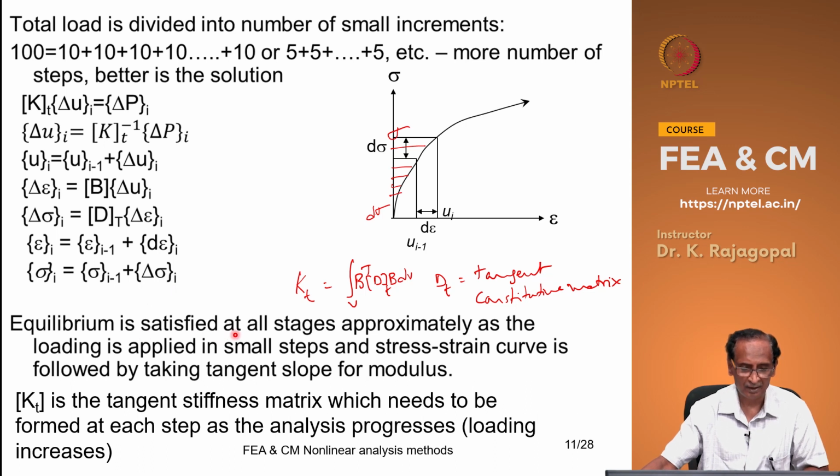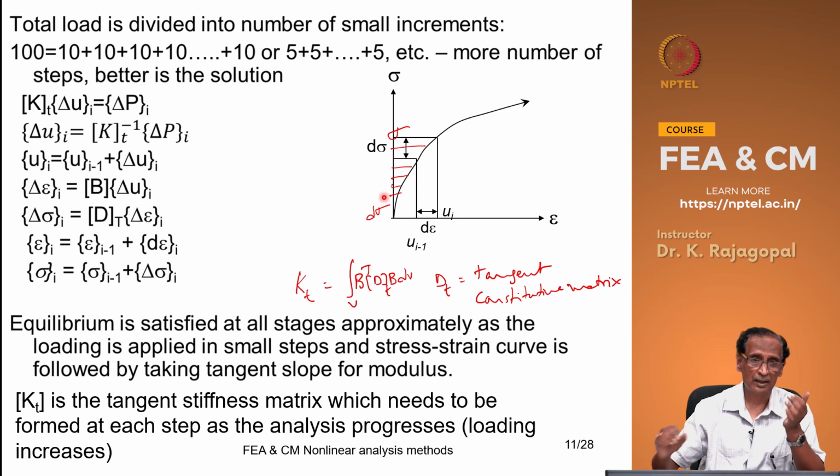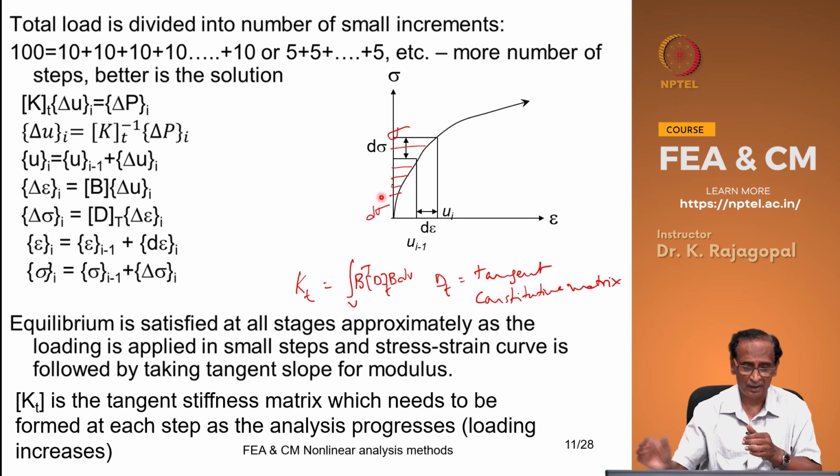and the equilibrium is also satisfied at all the stages approximately, because our loading is applied anyway in small steps, and so we do not really look for any equilibrium check in this case, because anyway we are applying the load in very small steps, and the material does not have any failure, and it can take all the pressures that are applied on the system.